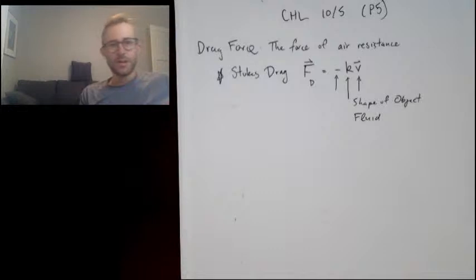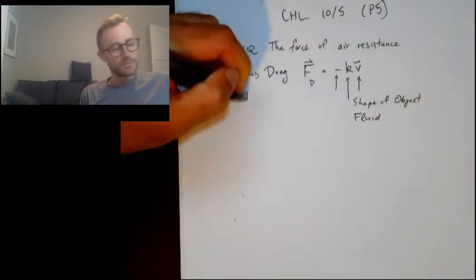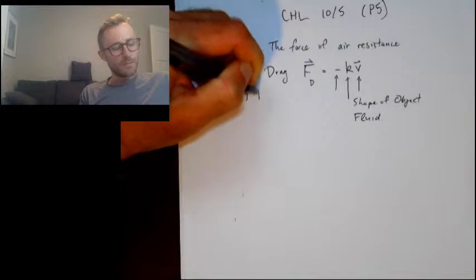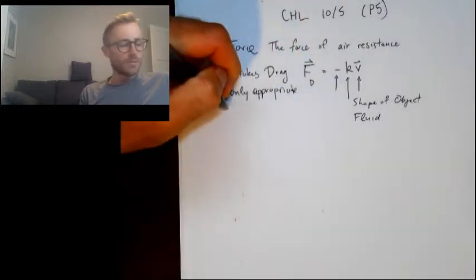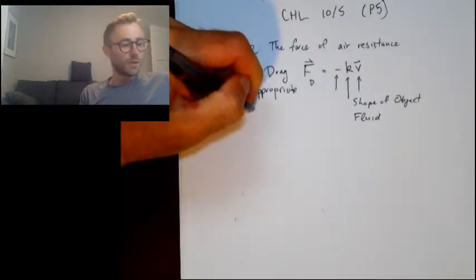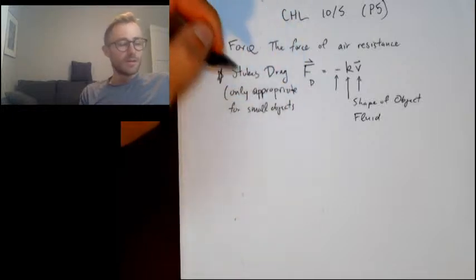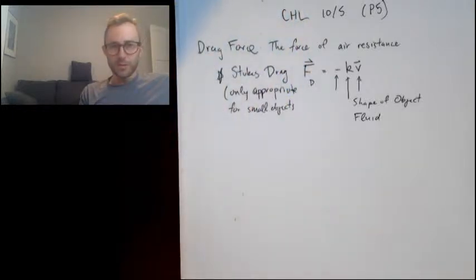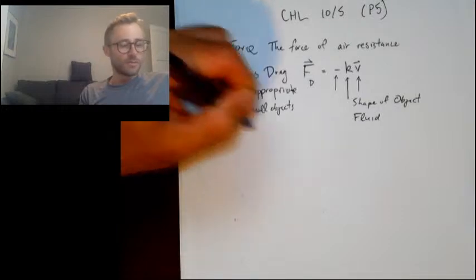But it turns out that it is only appropriate for very small objects, and when I say small objects, I mean like bacteria, so really small objects, or slow things.